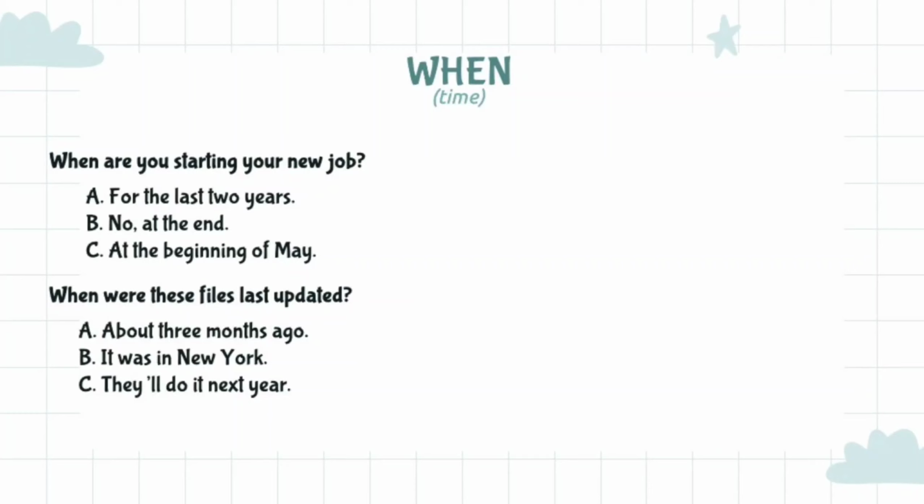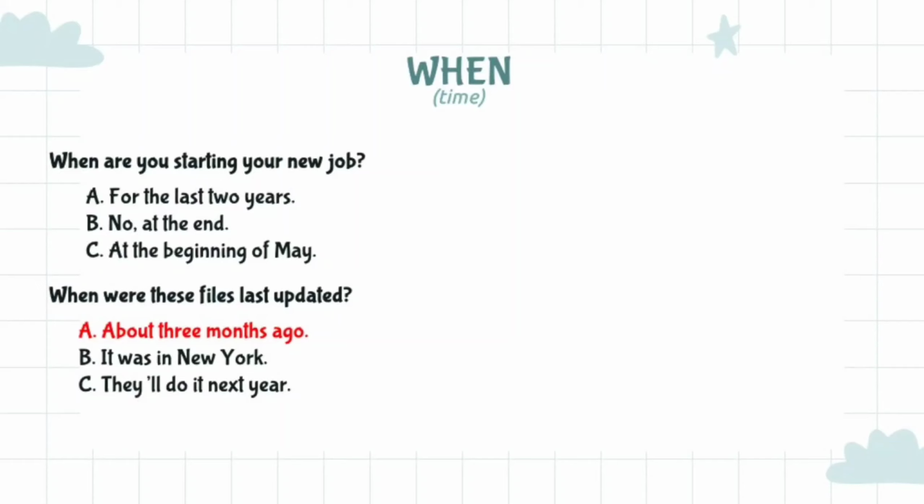When were these files last updated? A. About 3 months ago. B. It was in New York. C. They'll do it next year. The best response for the question, when were these files last updated, is A. About 3 months ago.